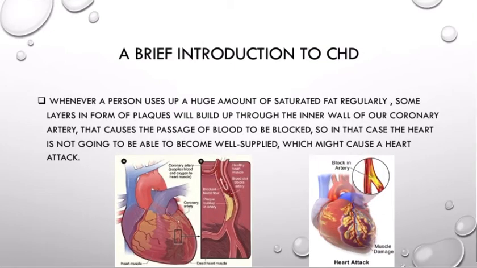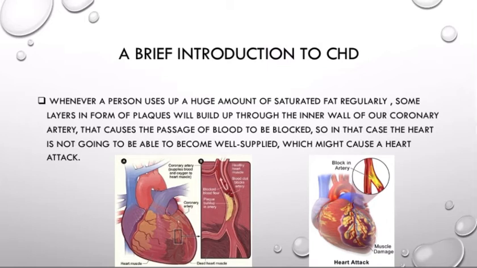So, a brief introduction to CHD, coronary heart disease. Whenever a person consumes a huge amount of saturated fat regularly, not once, regularly, for example twice a week, all the time, a lot, layers in the form of plaques will build up on the inner wall of our coronary arteries, which causes the passage of the blood to be blocked. It prevents the passage of the oxygenated blood.